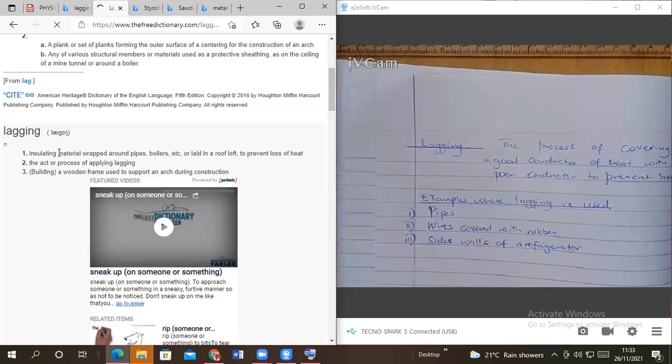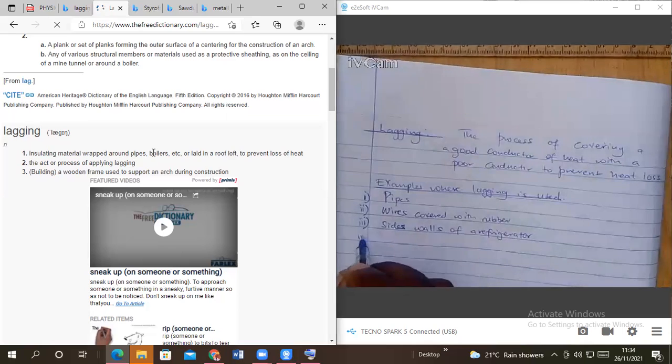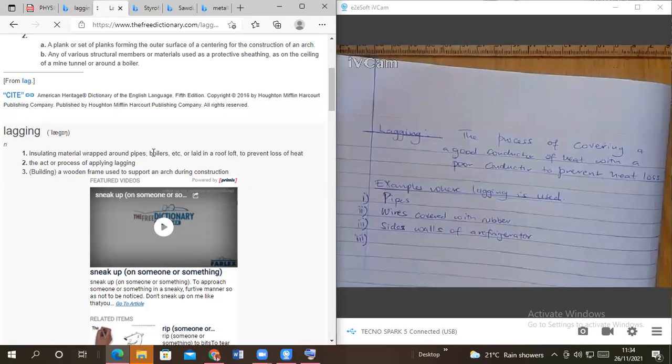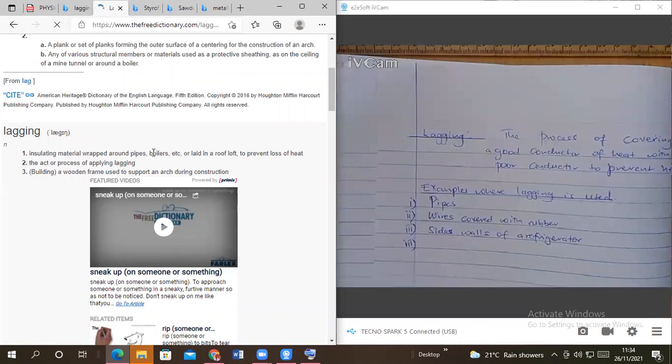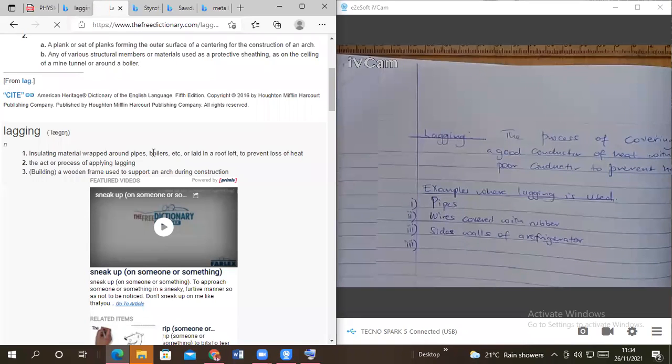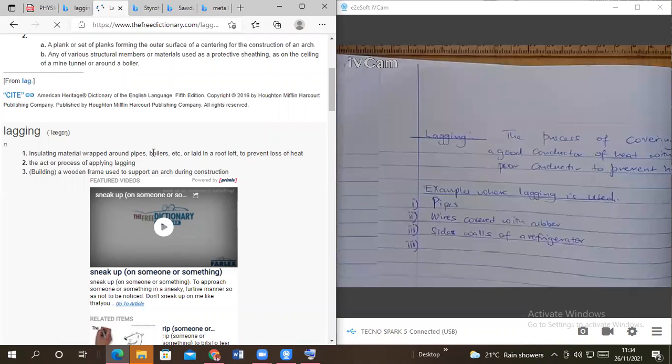So here there are some examples. Lagging materials wrapped around the pipes. We have also boilers. When you go to hotels, some boilers are lagged such that the outside part is covered with plastic, so that the heat does not escape from the boiler. They want to keep the food warm.